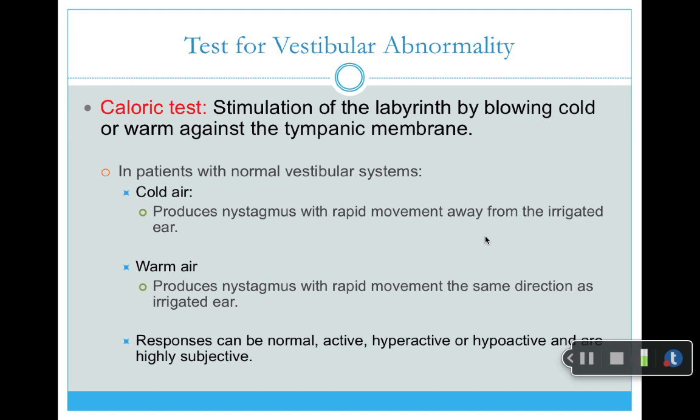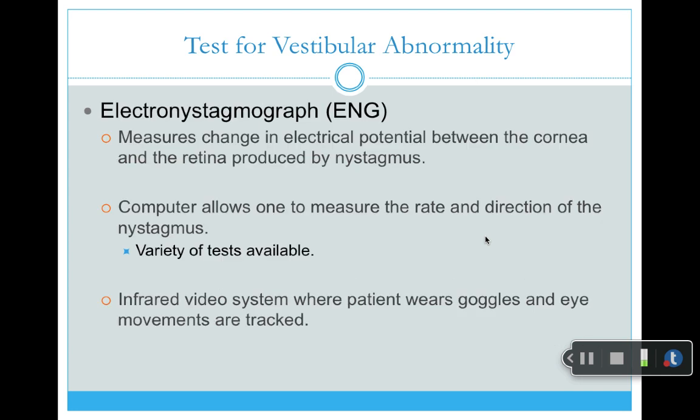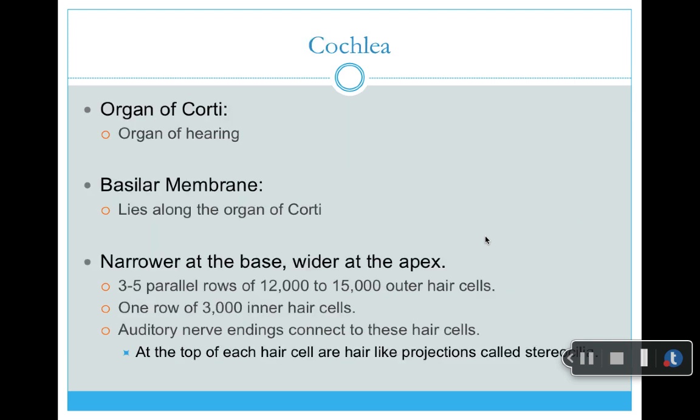The response is normal, and it's subjective. This isn't a test you want to do if you can avoid it. Basically, what the audiologist does with the caloric test is make a person dizzy and see how quickly the dizziness comes on and how strong it is when it does. They're going to measure the response of your eyes, how your eyes move back and forth. It's pretty neat to watch.